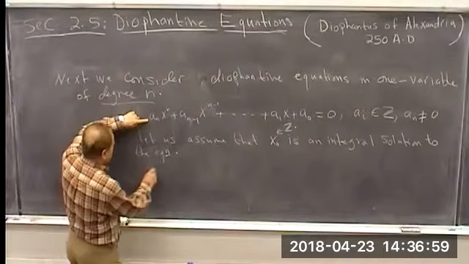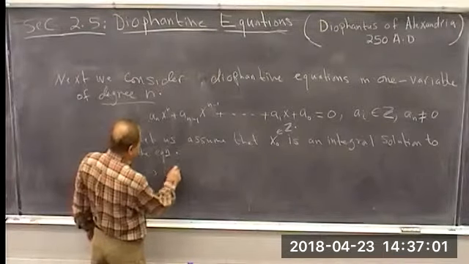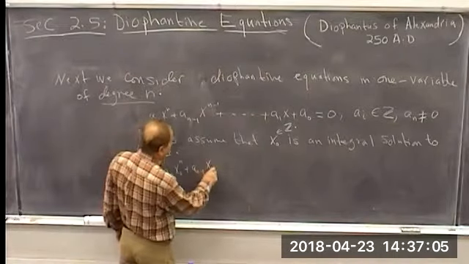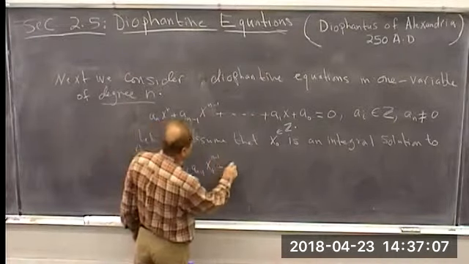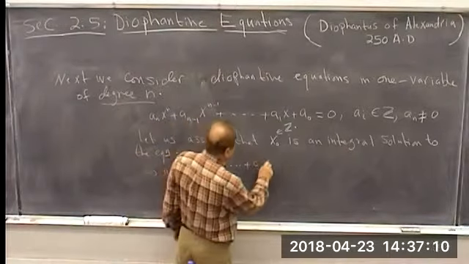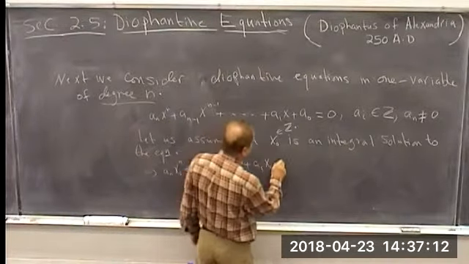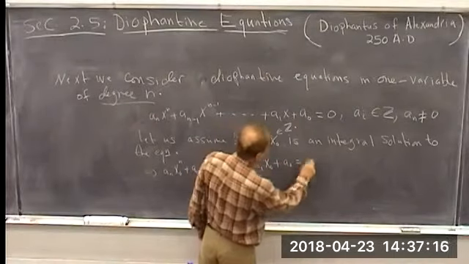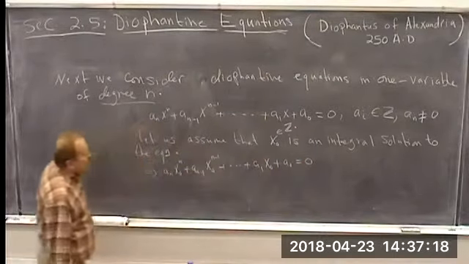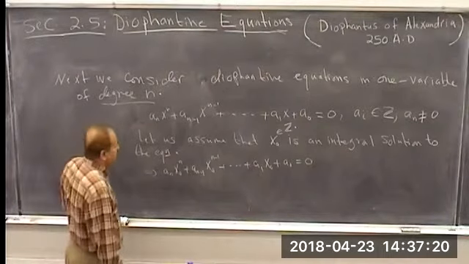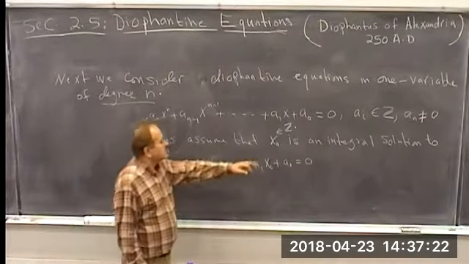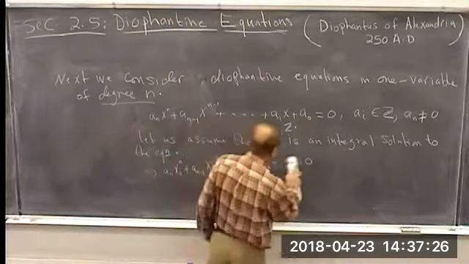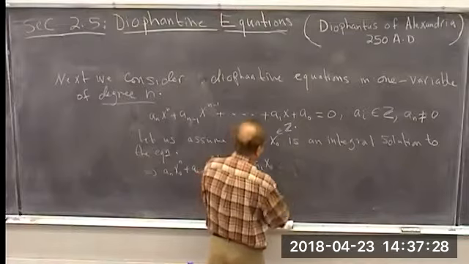So this would imply that a sub n x sub 0^n plus a sub n minus 1 x sub 0^(n-1), and so on. In other words, now we have a numerical value, and this is equal to 0. Or, if I take the a sub 0 to the other side, we can say this is equal to negative a sub 0.